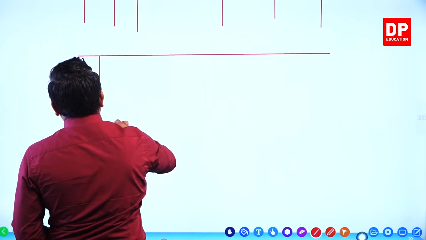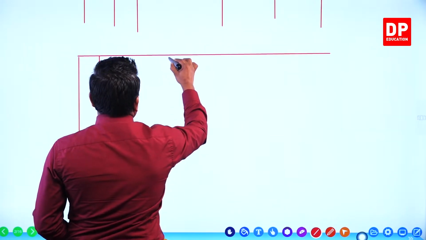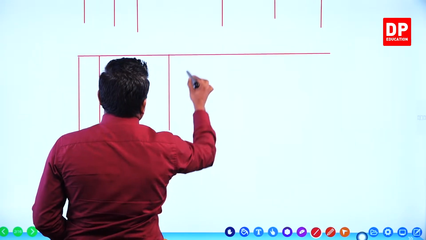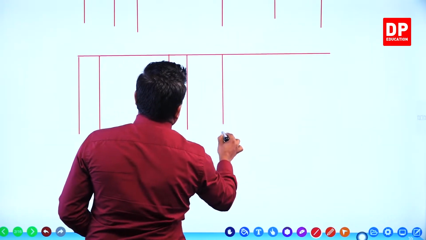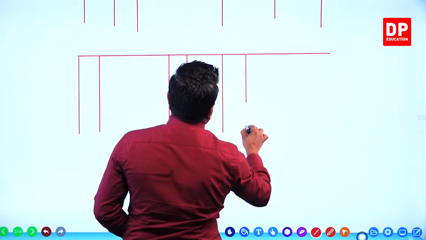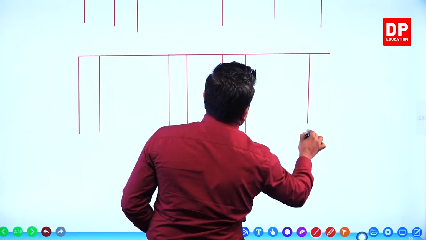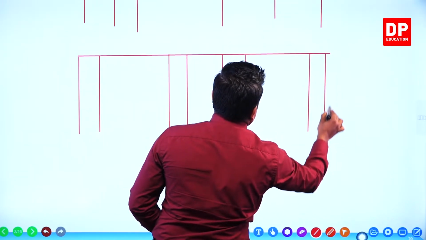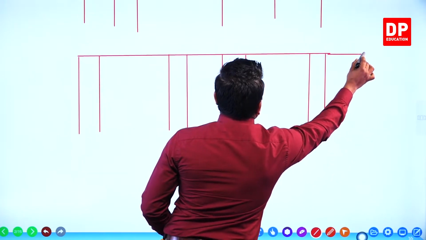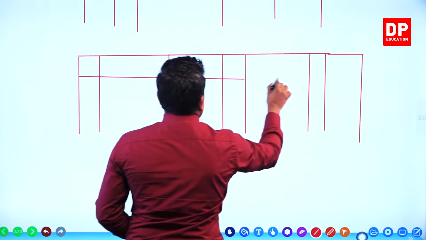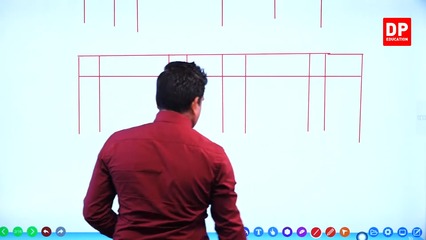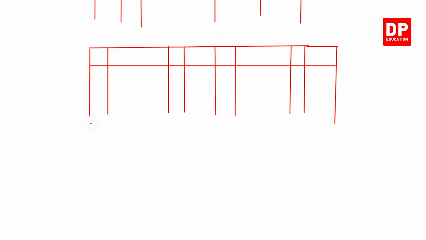Date, description, ledger folio, value, date, description, ledger folio, value. Two accounts needed here.